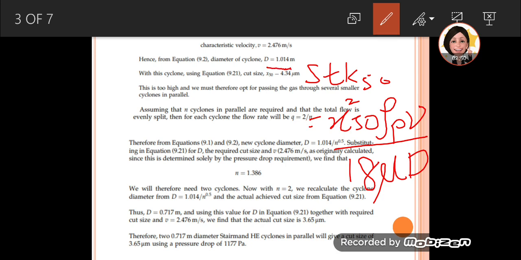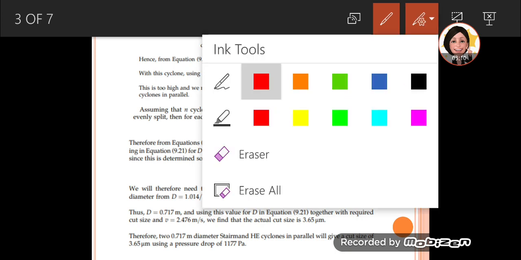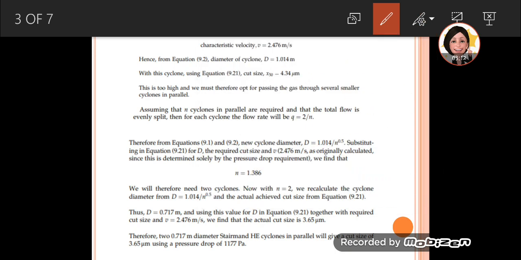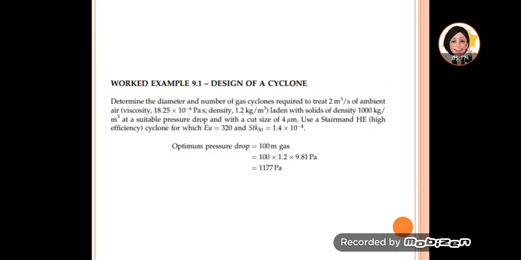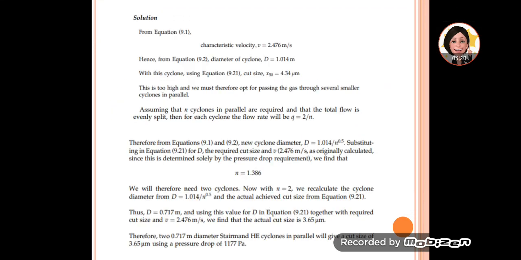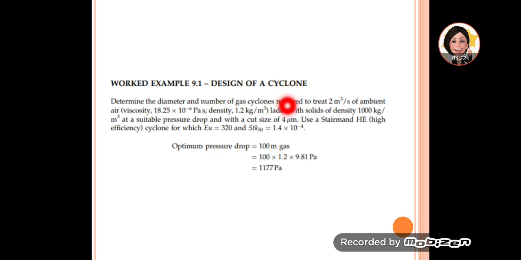If we use all these values that are already known, including the particle density, we can find the cut size for this cyclone. From this we can see the cut size is more than the cut size desired in the question, which is 4 micrometer.